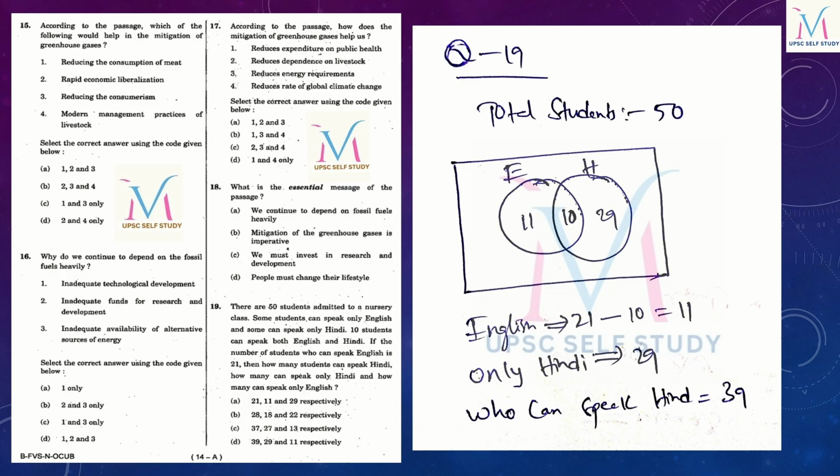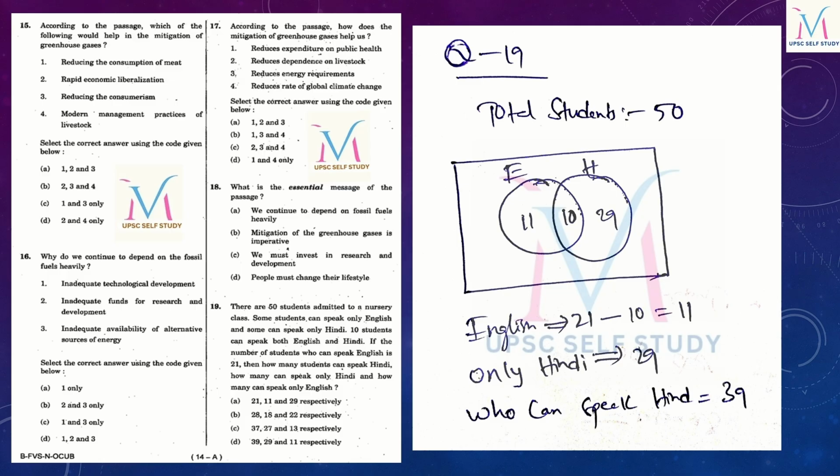Okay, and those are the students who speak only Hindi. If you subtract 21 from 50, we get 29, and those are the children who speak only Hindi. Now if you look at the picture, you can understand.